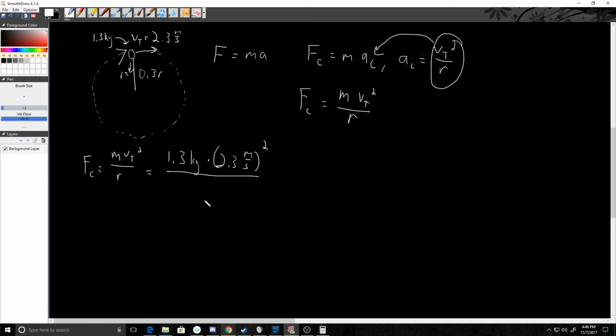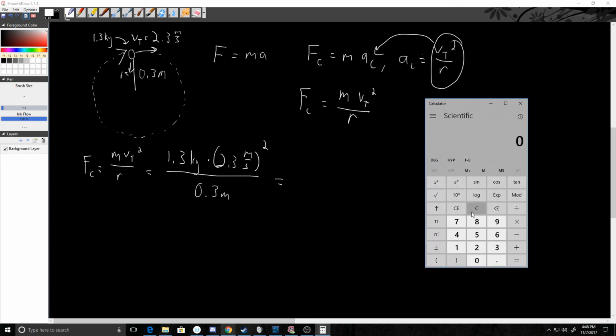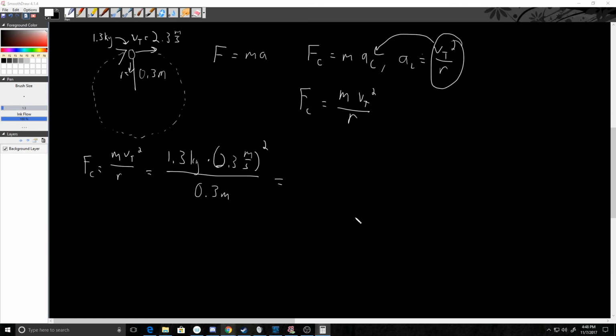That's over the radius we said was 0.3 meters. I have everything I need, so let's plug these numbers in. I have 1.3 kilograms times 2.3 squared divided by 0.3. Looks like we're going to have a centripetal force of 22.9 newtons, or 22.9 kilograms meters per second squared.